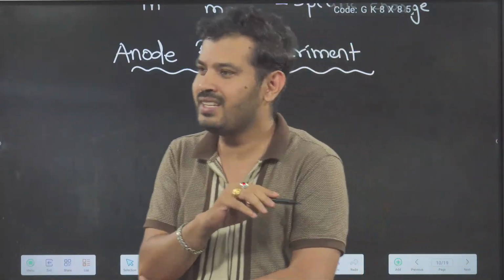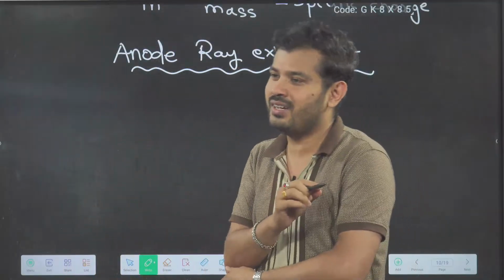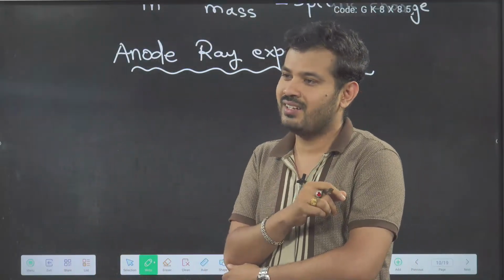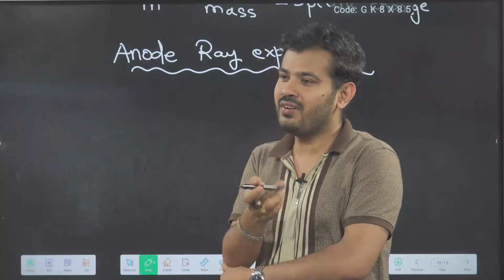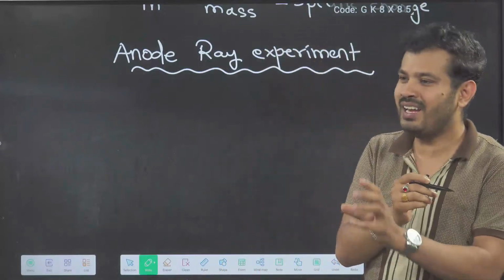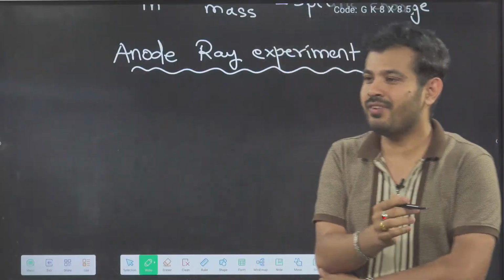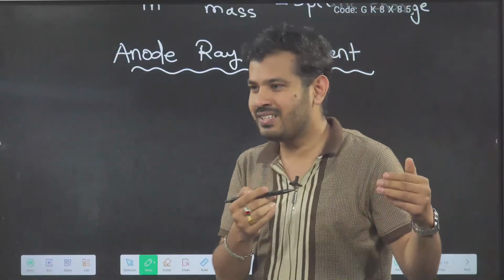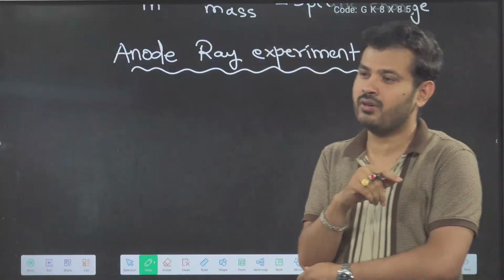But rays are very small, sir. What do you mean by small rays? You cannot see the rays. They are very powerful, highly energetic rays. They have high kinetic energy and very high velocity, so they pass at very high speed. They can pass through very thin plates also.